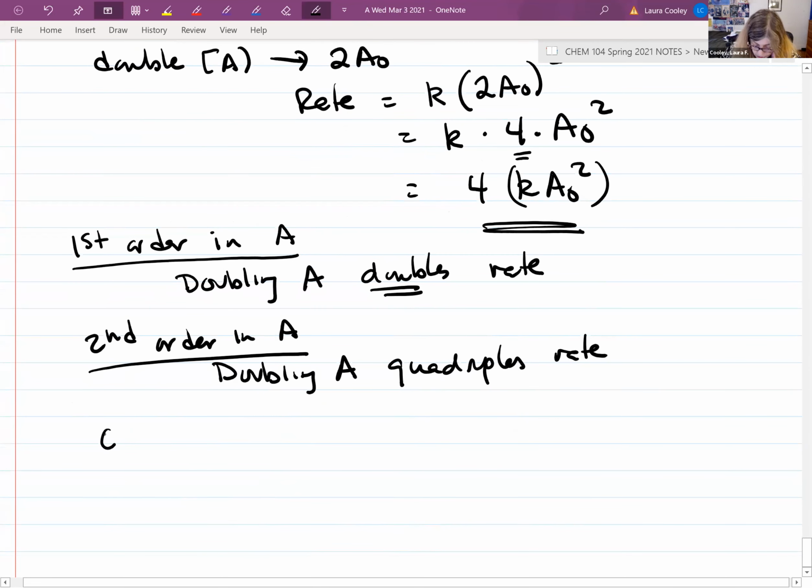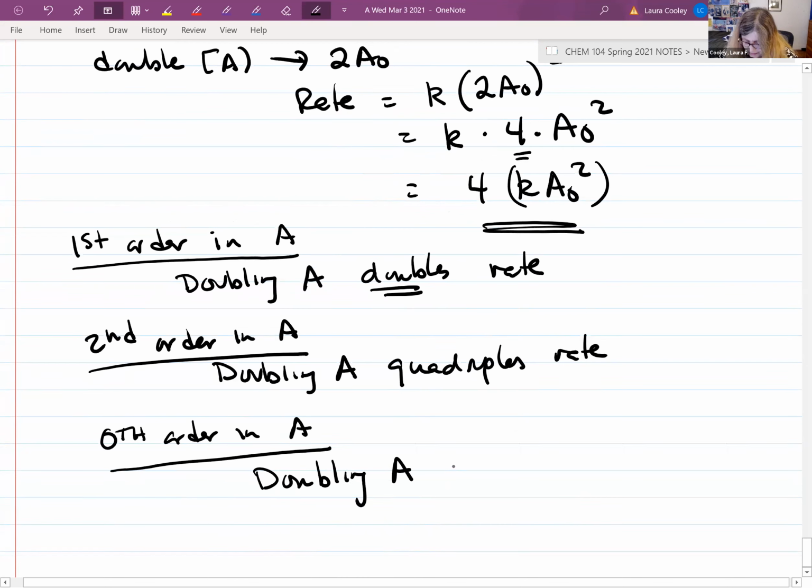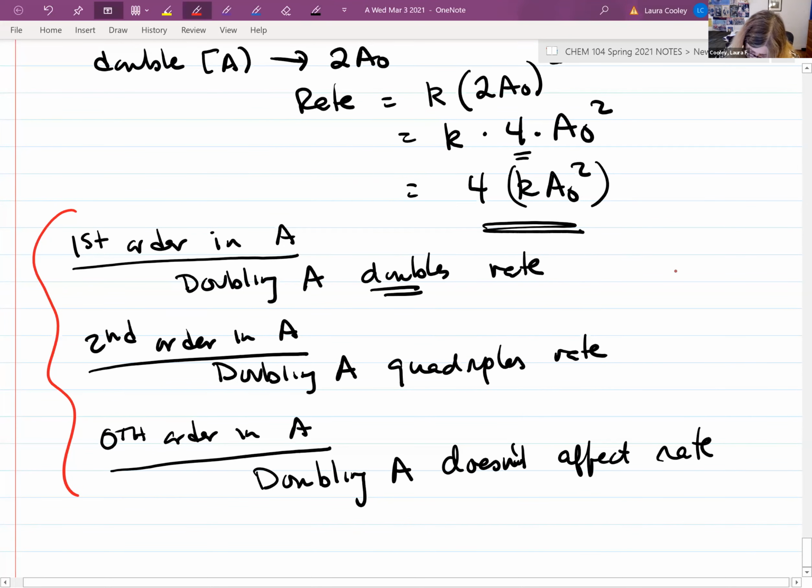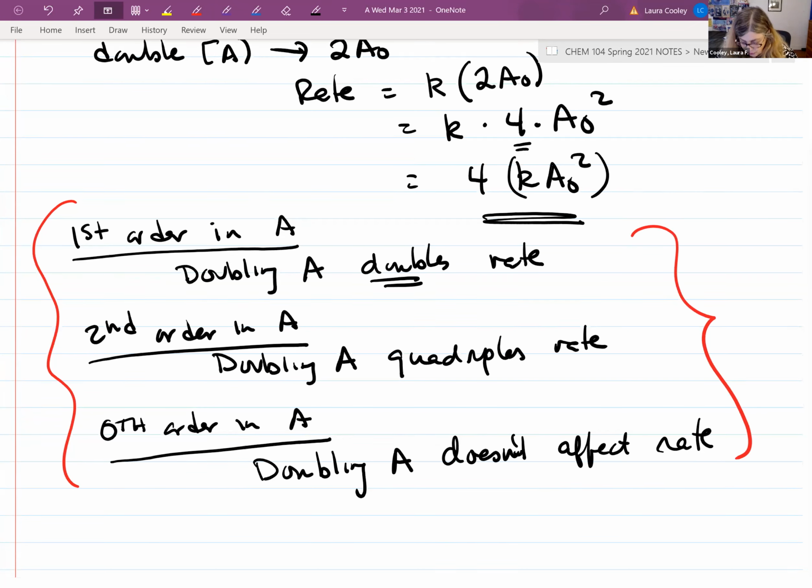And if you have 0th order in A, well, it doesn't depend on A, right? So doubling A doesn't affect the rate. If you keep this in mind while we do these problems, I think it will be great.